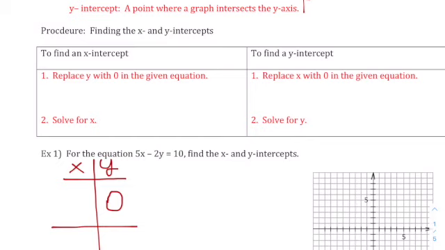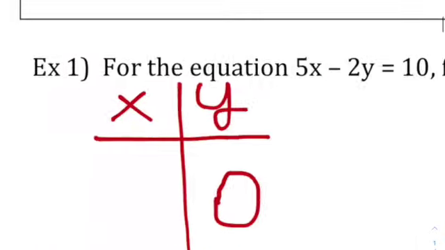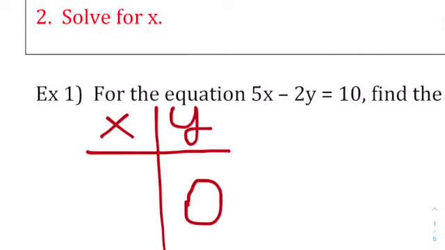When you're looking for the y-intercept, x equals 0. What does that mean? All right, y equals 0, so that means 5x minus 2y equals 10.